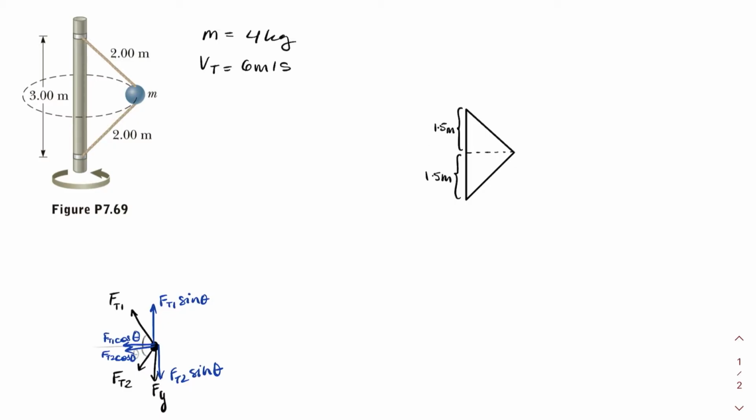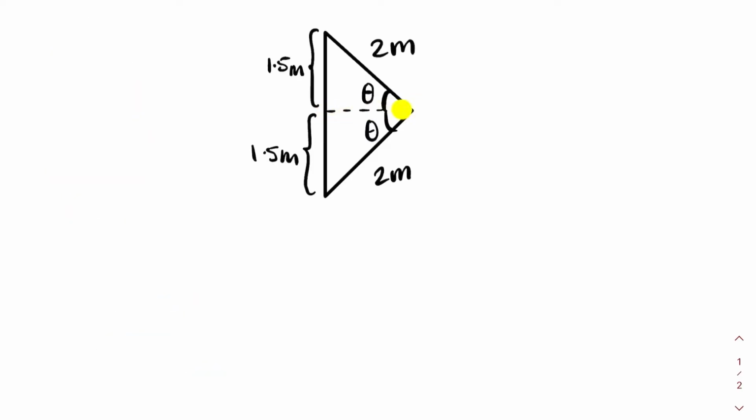We also know that the length of the rope on both sides is 2 meters. And we labeled these angles as theta. So if we just ignore one half of the triangle and focus on this one only, since we know that this line over here is perpendicular to this height right here, we know this is a 90-degree angle.